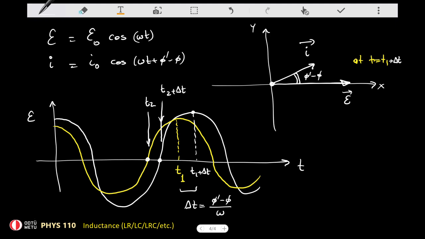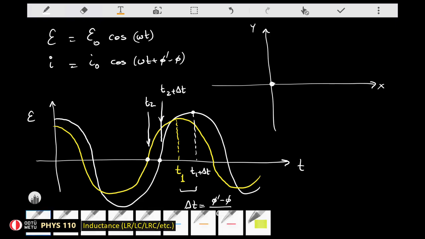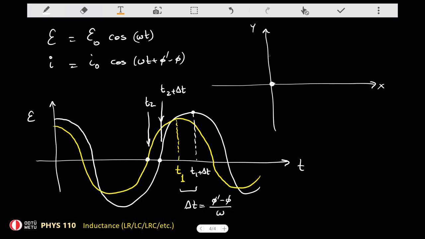So how would that look on the phasor diagram? I'll try to draw them like that. When the current becomes zero, that means the current is aligned along the y-axis, positive y or negative y, whatever. And the EMF is like that. So we still have the same angle in here. So that's at time t2.